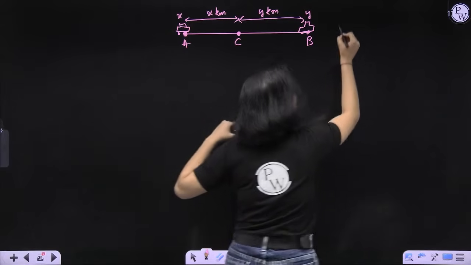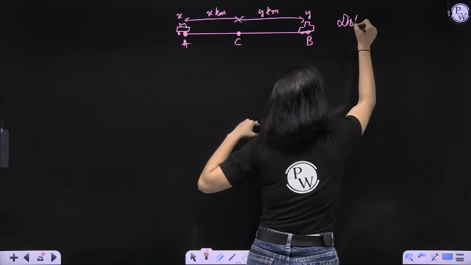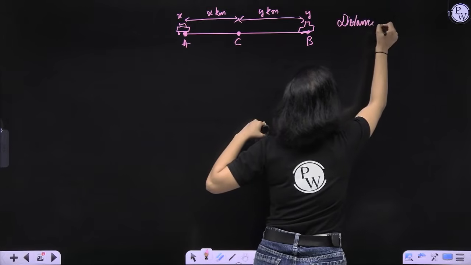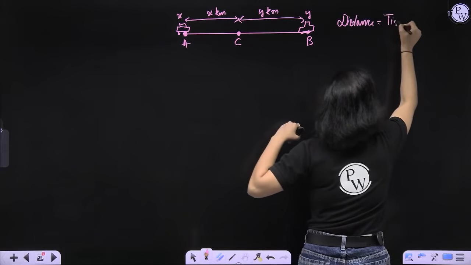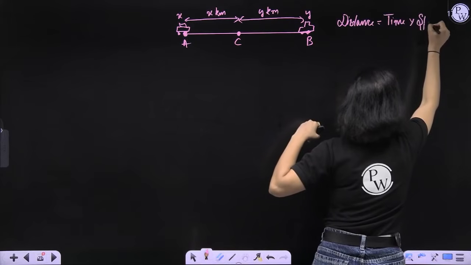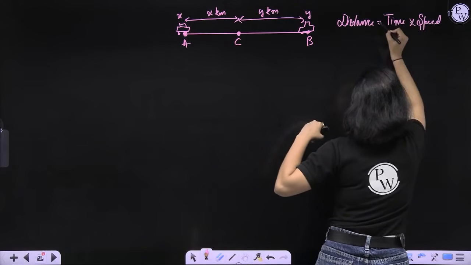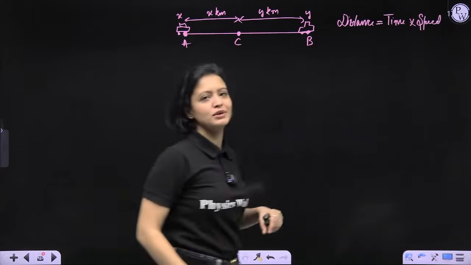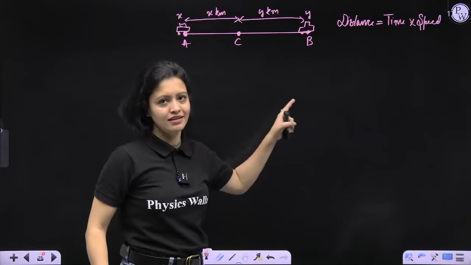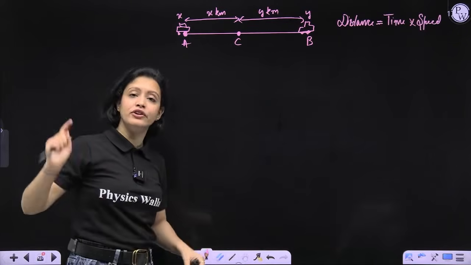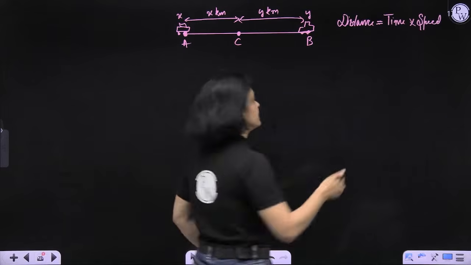And we are just using a very simple thing that you have studied: distance is equal to time into speed. That's all we are using here. And the fact that in the first case, both the cars traveled for 5 hours.